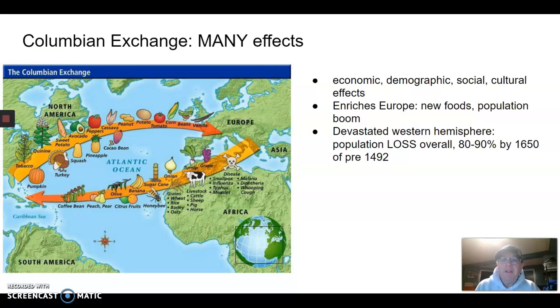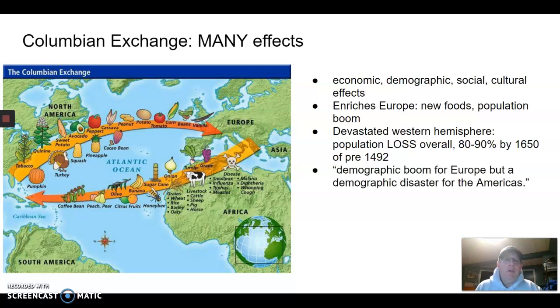But the effect is just devastating. So while Europe's population goes up, the Western Hemisphere's native population goes down. I like to keep that in mind because we think of colonists coming over to wherever, Virginia or Plymouth, but really over this whole colonial period, the population of the Western Hemisphere goes down because so many of the native peoples die from the Columbian Exchange's disease effects.